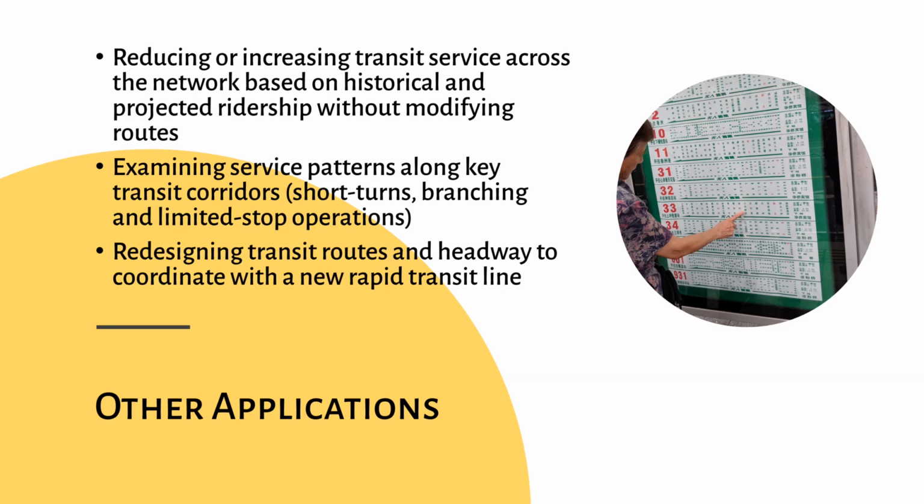Another is service patterns, optimizing the service pattern of each route to make sure you're really putting the service into use, as well as redesigning individual routes to coordinate with a rapid transit line. You're able to fix certain routes and change a series of routes. That's also an applicable situation.